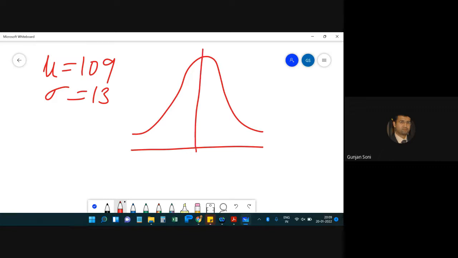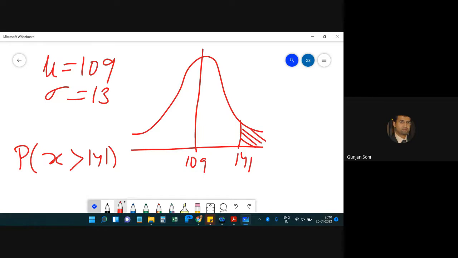So this is the mean 109, and 141 is over here or heavier. So we want this area, right? 141 or more than 141 when sampling birth records at random. So I want to find out the probability that x is greater than 141.